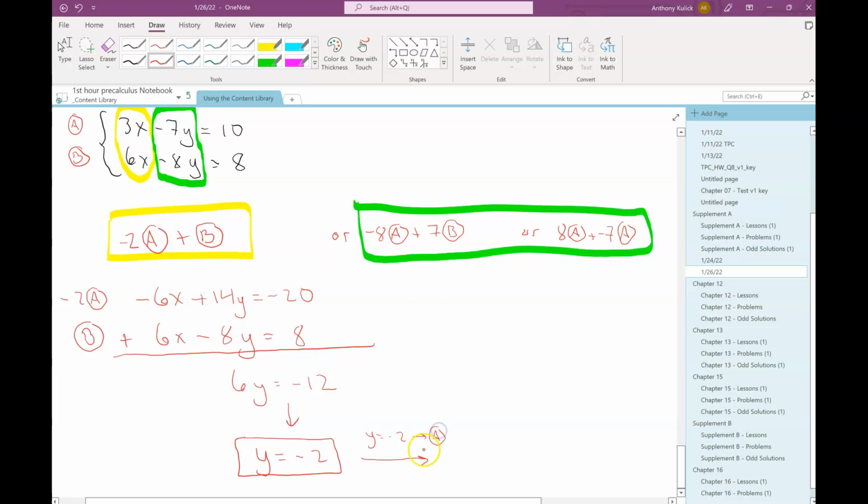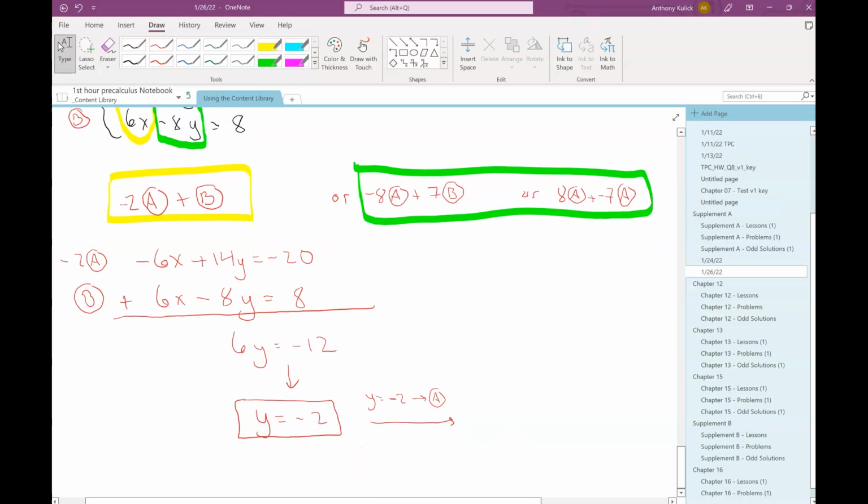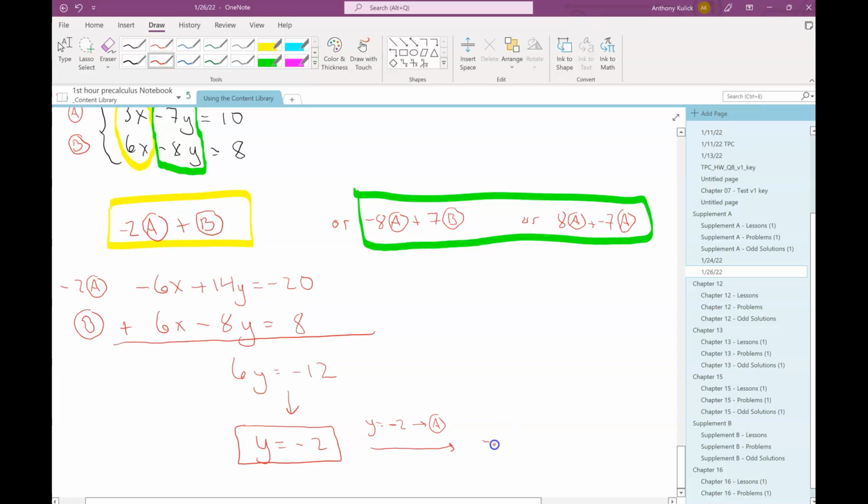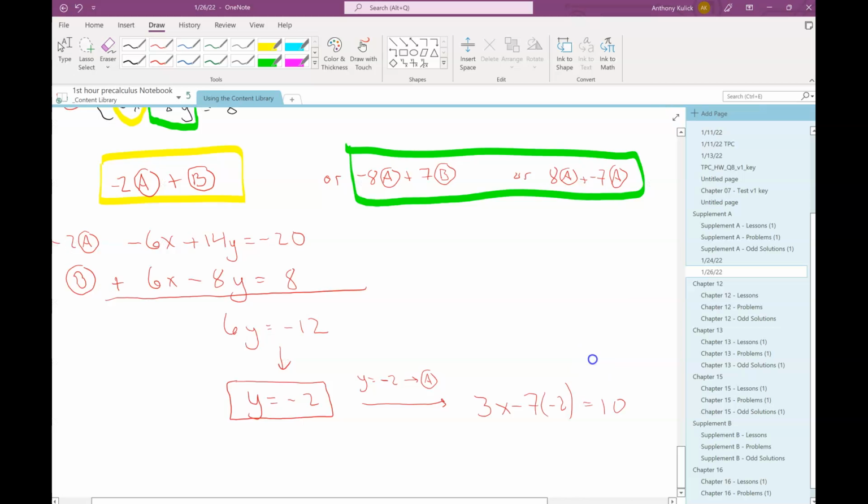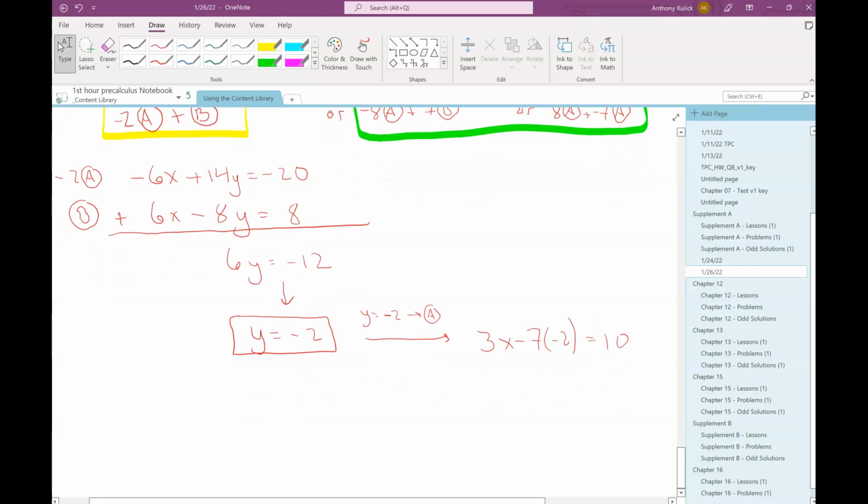So I'm just going to say we're plugging y equals negative 2 into equation A. So that's just a little notation I'm going to use to remind myself what I did here. Does that all look okay?